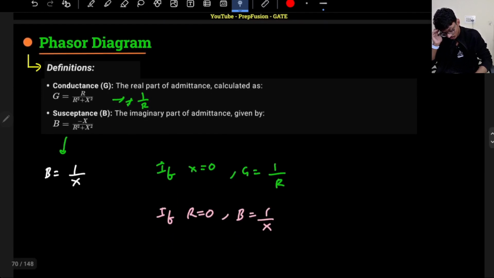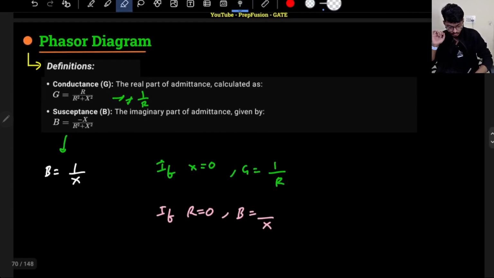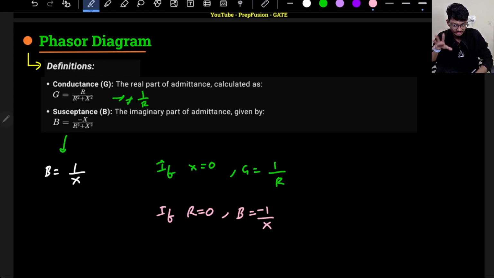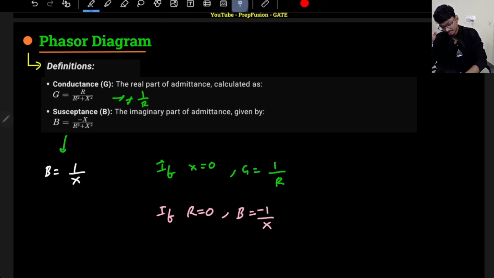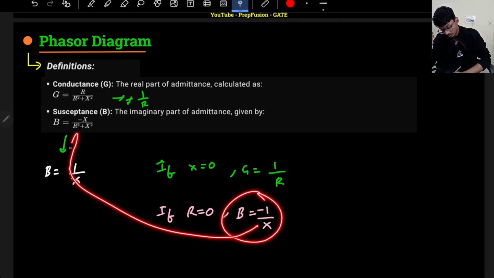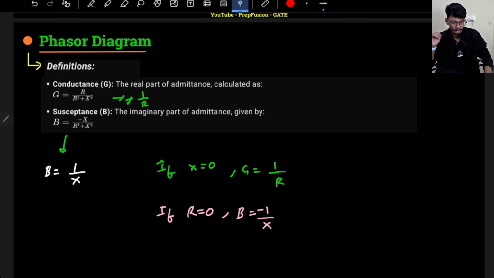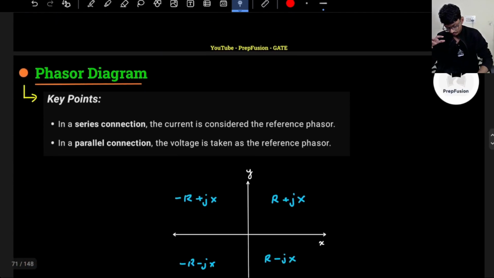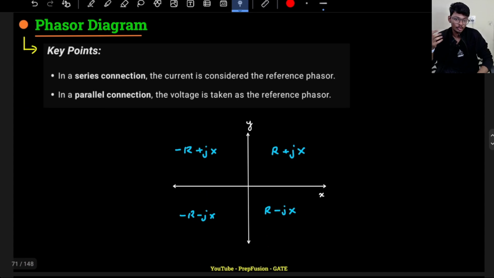So this will not be equal to 1 by X, this will be minus 1 by X, okay? Just be careful regarding this. Generally students get confused, right? Yes, it will be equal to minus 1 by X, but when will it happen? It will happen when your R is 0, otherwise it will not happen simply, okay?